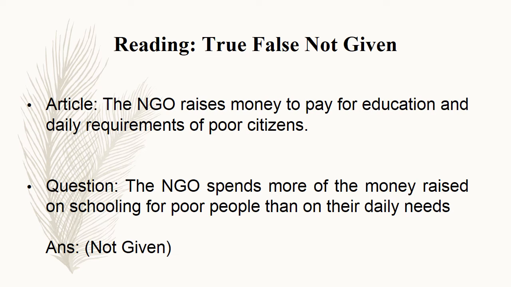Passage information says NGO raises money to pay for education and daily requirements of poor citizens. Therefore, information is not given, it is impossible to find it in the article. Therefore, our answer should be not given.